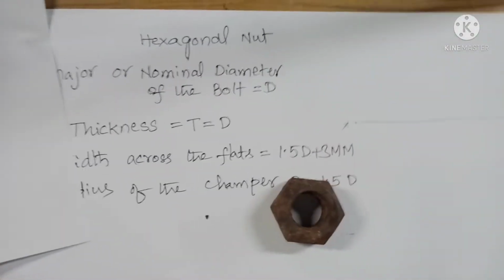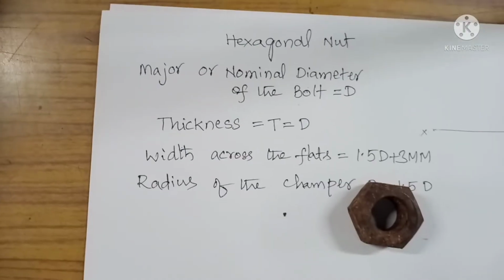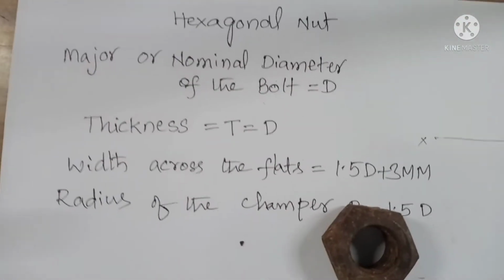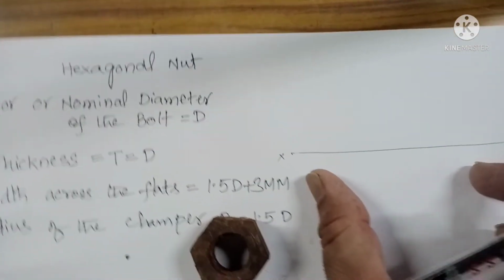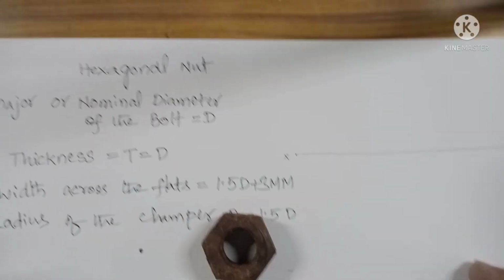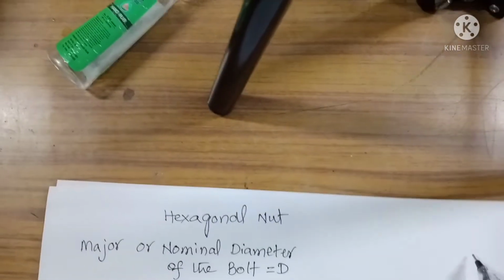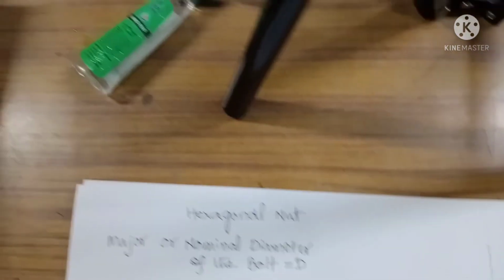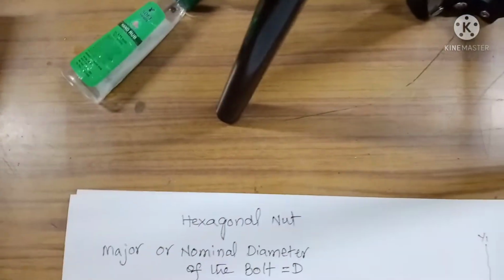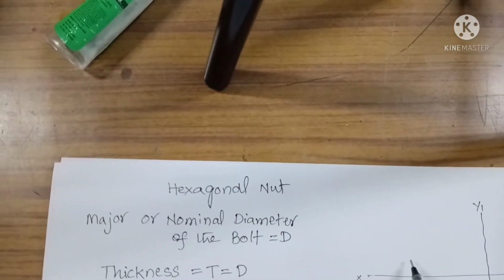I am taking, for example, the dia of the nut equivalent to the dia of the bolt, D, equivalent to 30 mm. So this is the XY line. I am about to take the front view above the XY line and the top view below the XY line. Then I am drawing the X1 Y1 line also, to draw a side view. Here is how you have to proceed. I am starting with the front view.